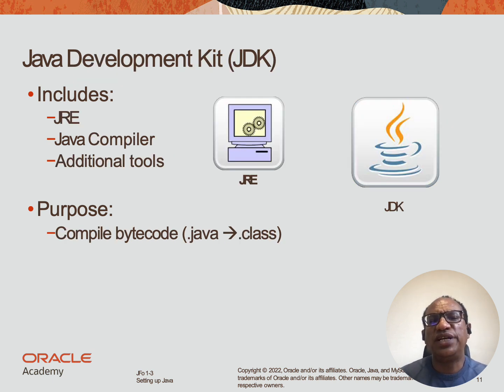Now, what if you want to create Java programs? That's where the Java Development Kit, or JDK, comes in. The JDK contains everything in the JRE plus additional tools needed for development, mainly the Java compiler. As shown in the graphic, we need the JDK to compile the bytecode.